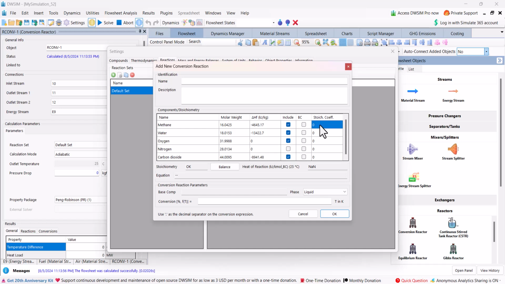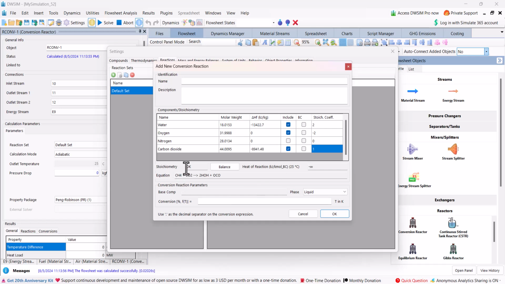Stoichiometry, if you know the methane combustion reaction is CH4 plus 2 O2, so methane is -1, oxygen -2, 2 moles of water will be produced by consuming methane, and carbon dioxide will be 1.